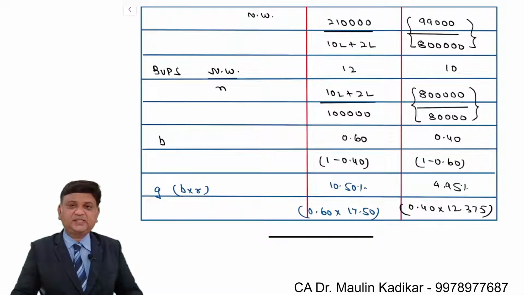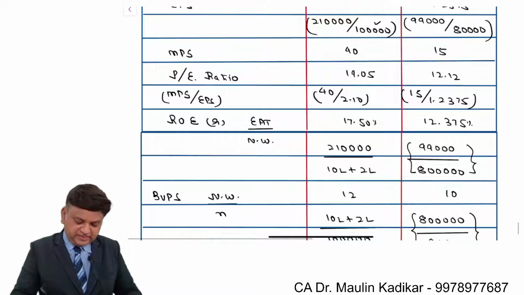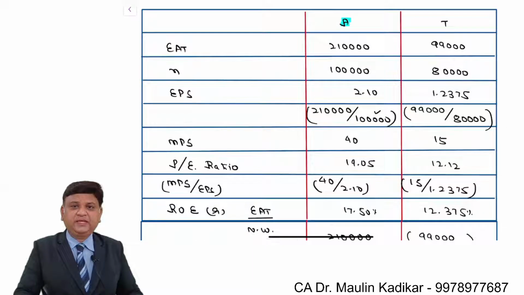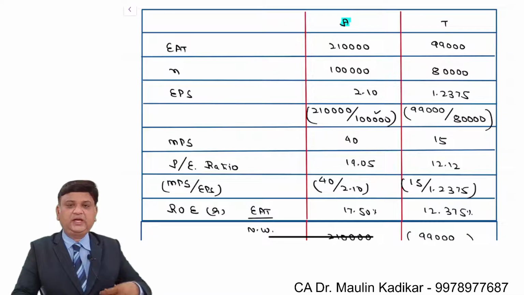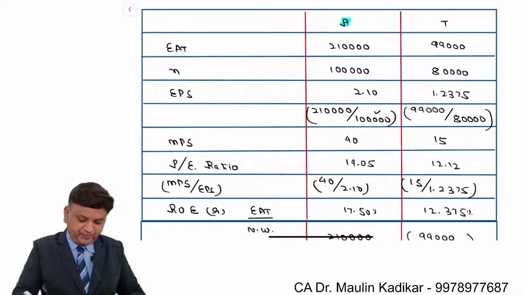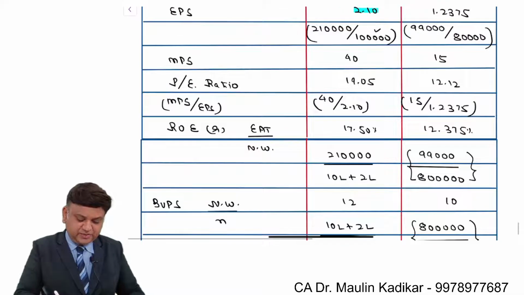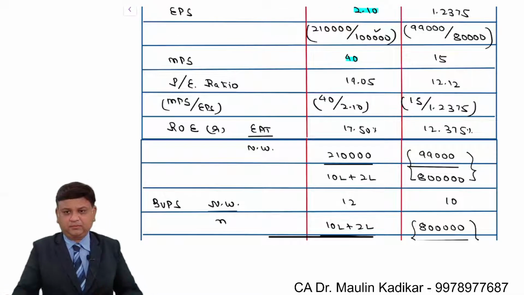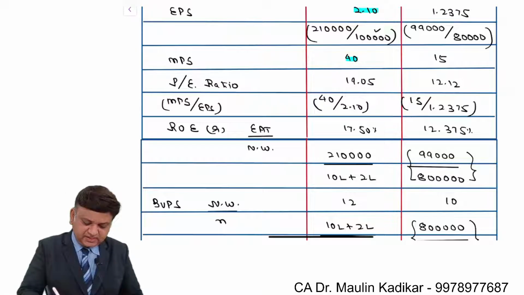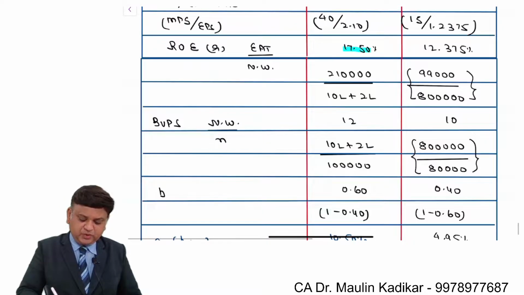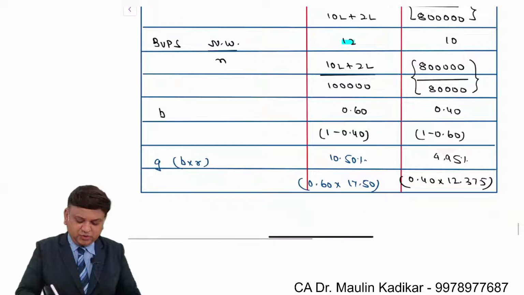Dear students, the answer is 0.375. Why? Because friends, as far as the acquiring company is concerned, it has such a stronger position in comparison to the target company. You can see that the earning of the acquiring company is higher, its earning per share is more, its market price per share is more, its price earning ratio is more, its return on equity is more, its book value per share is more, its growth rate is more.